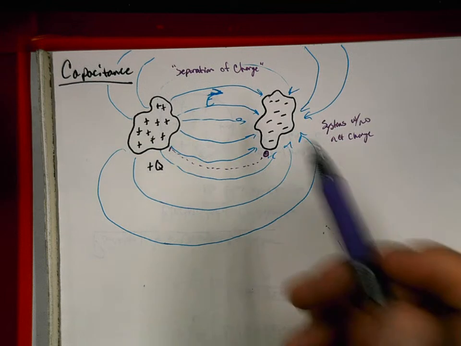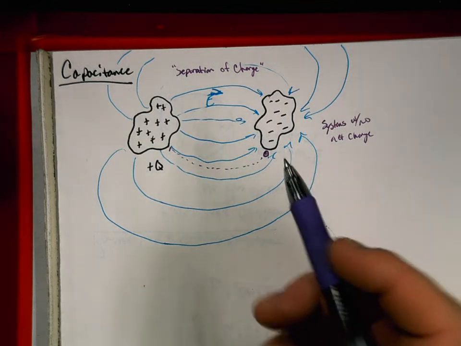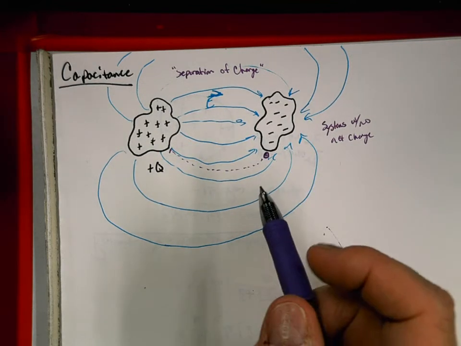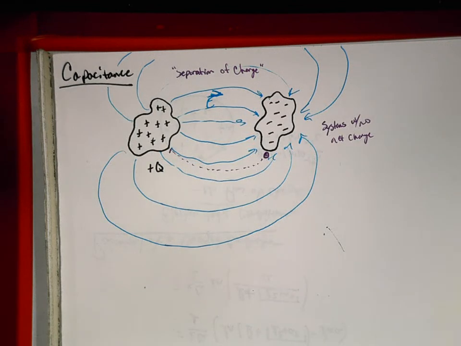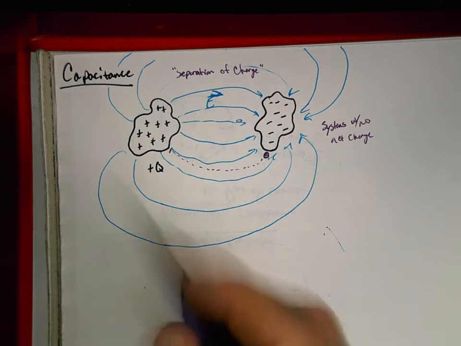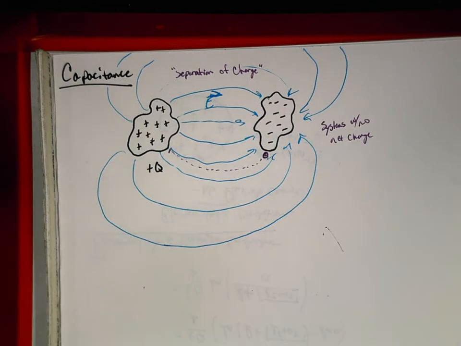All right, so here's how we define our capacitance. It's related to our potential energy. In fact, it's what capacitance is: the ability for something to store an amount of electric potential. So our capacitance is going to be this.